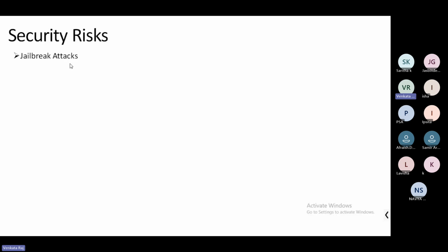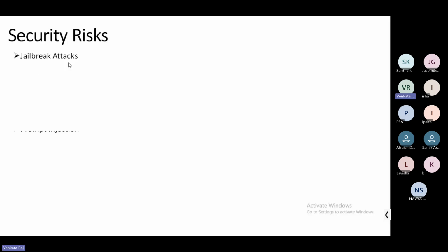They will put in some content and try to violate the guidelines. So that is the example of a jailbreak attack. Trying to break the restriction of the AI model is the jailbreak attack, guys.